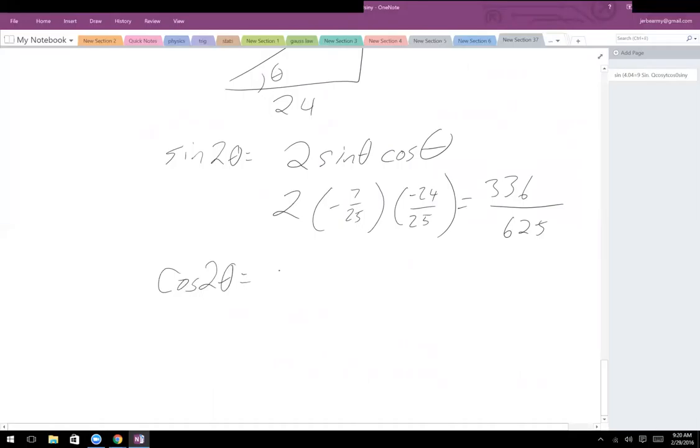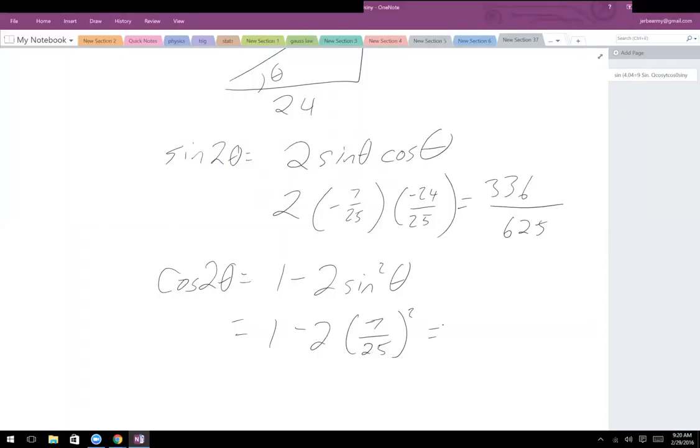So cosine, we can use either one. Let's just use the sine one. So 2 sine squared. 2 times 7 over 25 squared. So 625 minus 98 is what? 527.